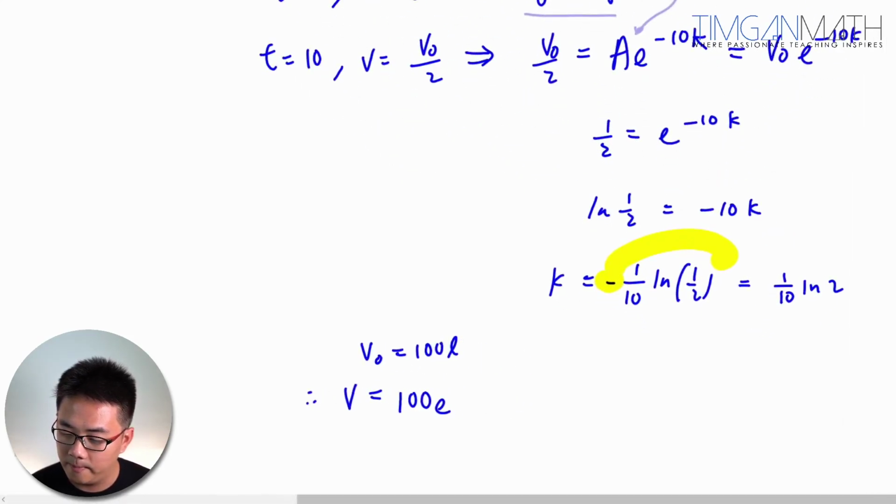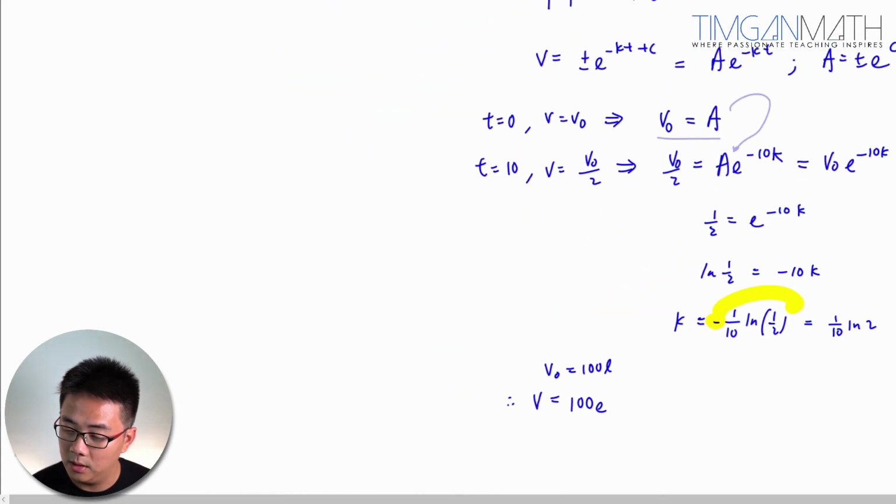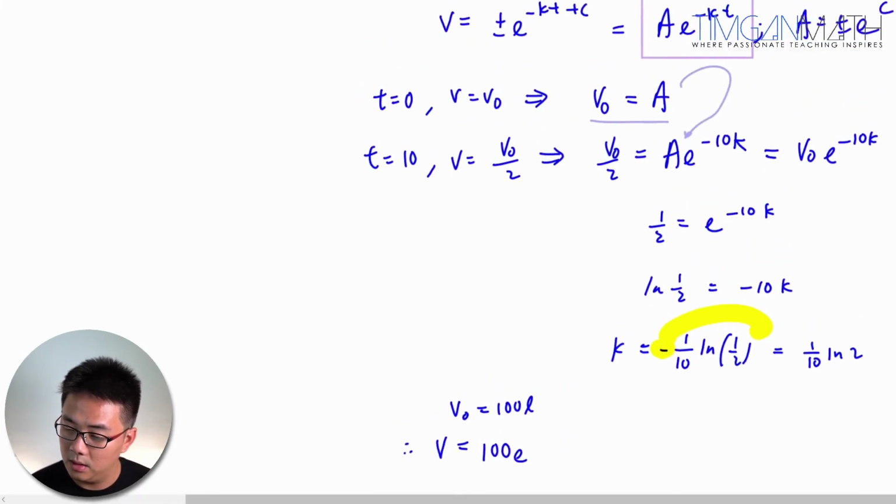With k equal to 1 over 10 ln 2, the formula is V equals 100 e to the minus 1 over 10 ln 2 times big T.